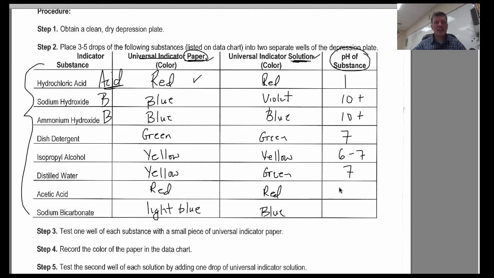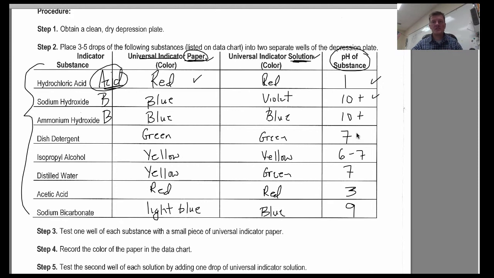The acetic acid is red, definitely an acid, not as red as the hydrochloric acid up here, but still it was red, so we'll say around 3. The sodium bicarbonate was more of a blue, and we'll estimate that to be around an 8 or a 9. So just by comparing the color of the universal indicator to a chart, we can determine what the pH is.